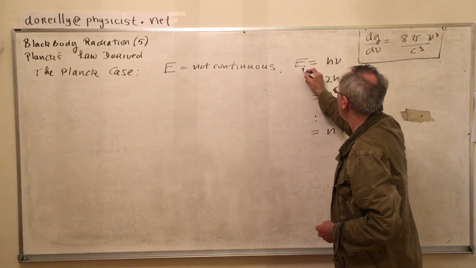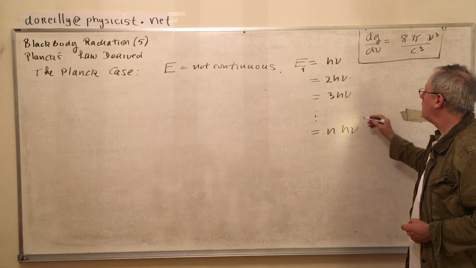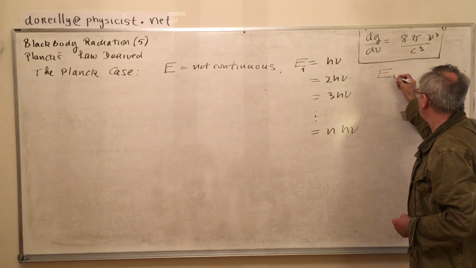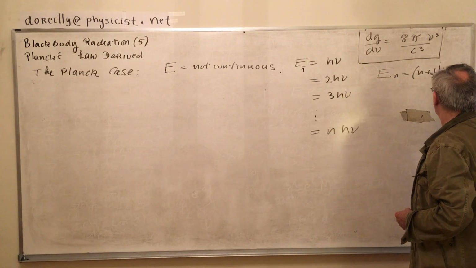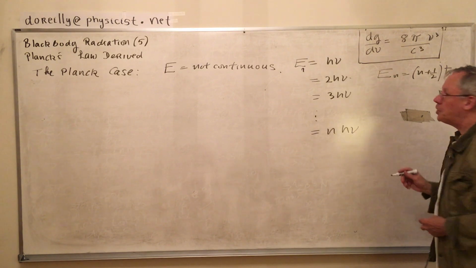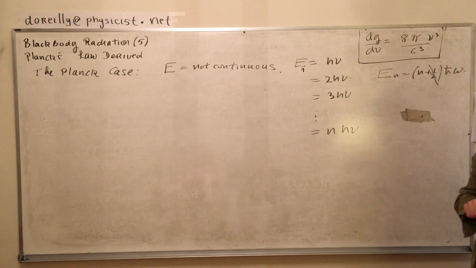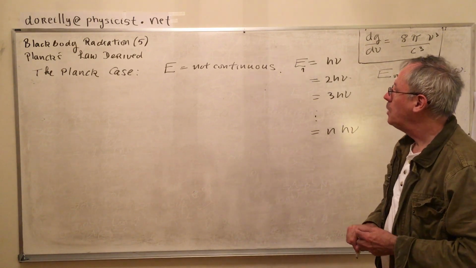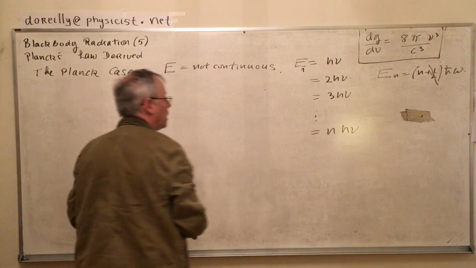So we call these En. So there are discrete energy levels. Now strictly speaking, nowadays we know that En is n plus a half, h bar omega or h nu. But I'm ignoring this half, because in Planck's day he wasn't aware of the existence of that half. But we still get our result.